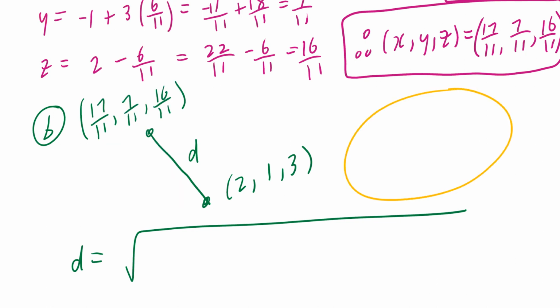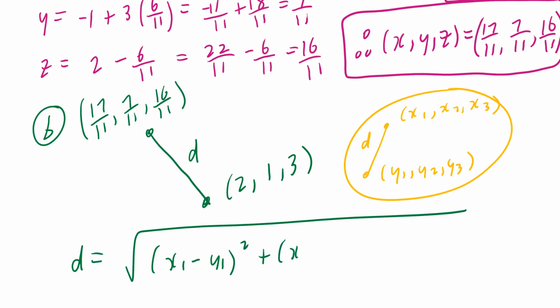If there's a point right here, let's call this x1, x2, x3, and there's a second point here, y1, y2, y3, the distance D is the square root of x1 minus y1 squared plus x2 minus y2 squared plus x3 minus y3 squared.